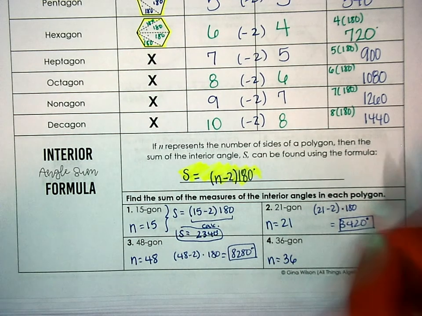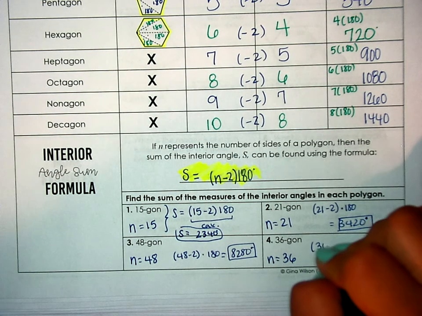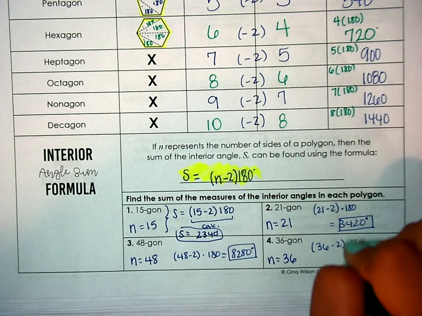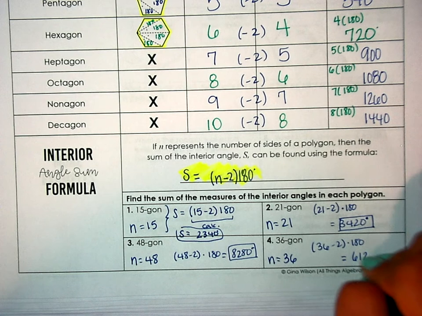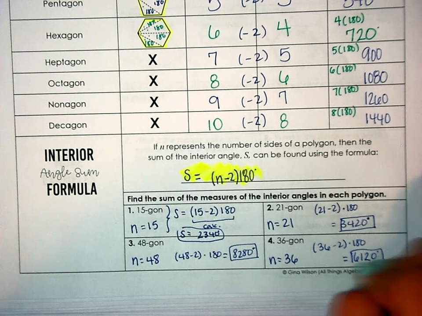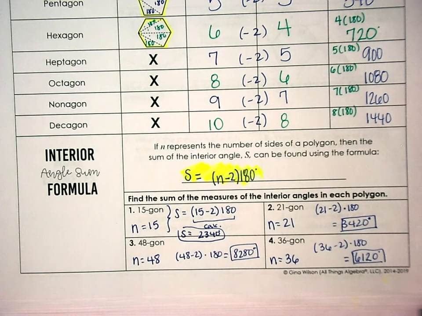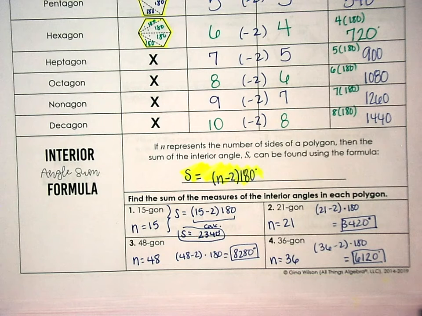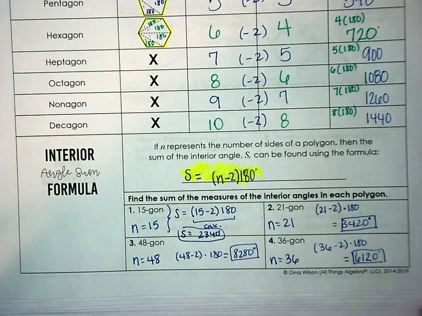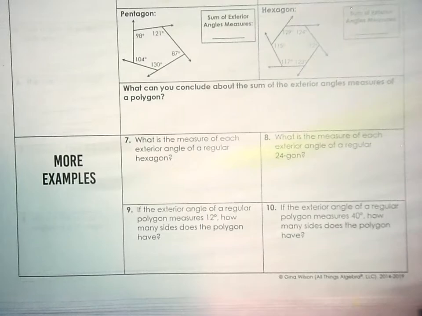Okay, last one in this example, you're going to do 36 minus 2 times 180. 36 minus 2 is 34, multiply that by 180, and you get 6120. Now these are large numbers. I'm using a calculator for these. Obviously I'm not putting it down here to show you all of the steps, but I'm literally just typing them into the calculator. Okay, move on to the next page.